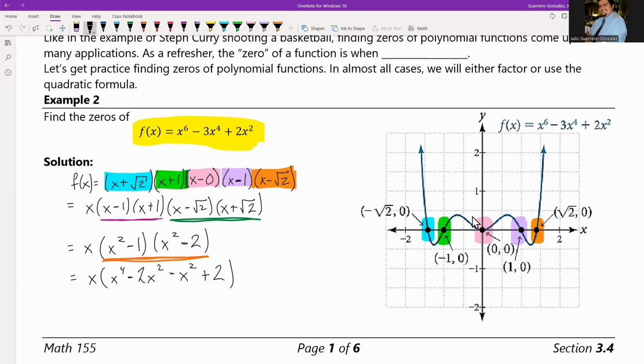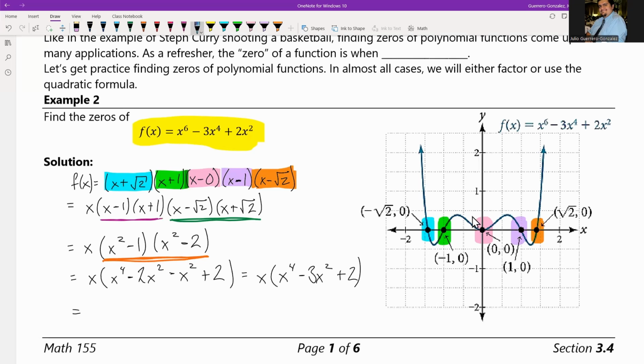Okay, and this simplifies down. The x is coming along for the ride anyway. x to the 4th, there's a minus 2x squared and another minus x squared, so that's going to be minus 3x squared plus 2. Okay, and now I'm going to distribute in that x.